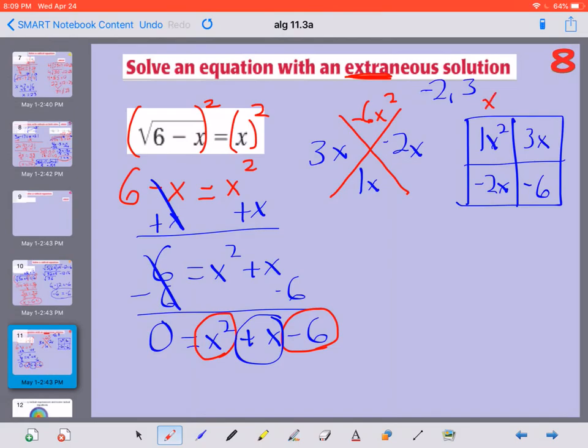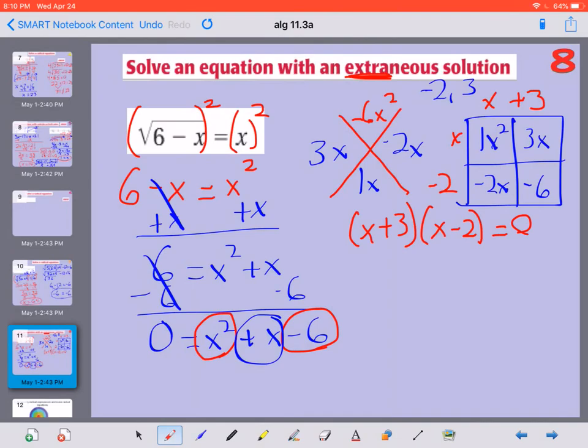Well, x times x gives me 1x squared. X times 3 gives me 3x. And x times negative 2 gives me negative 2x. Then negative 2 times 3 gives me negative 6. So what we get then is x plus 3 and x minus 2 equals 0.